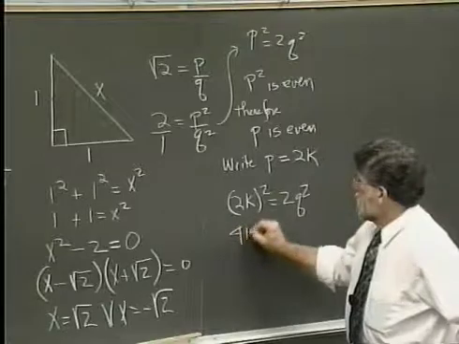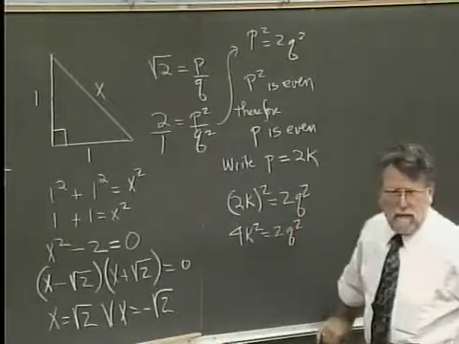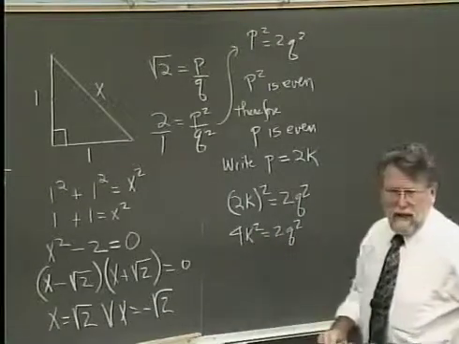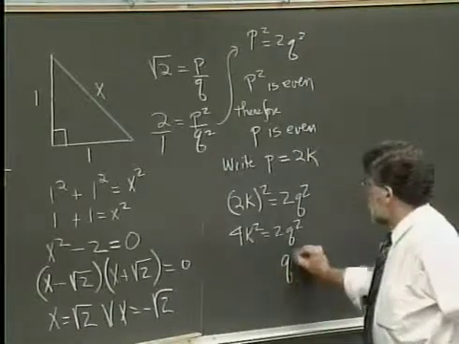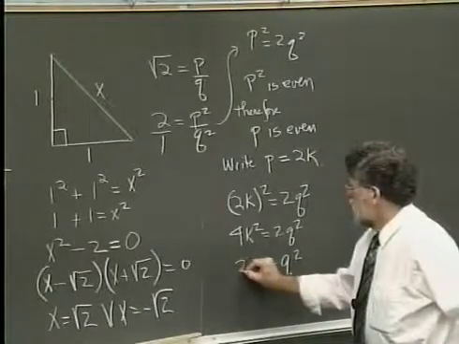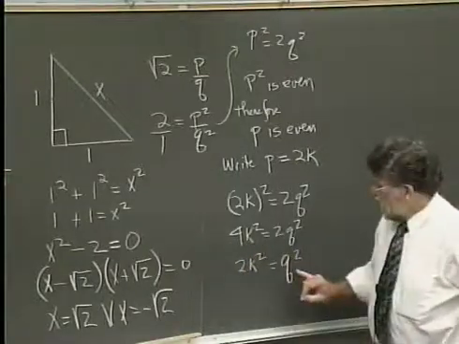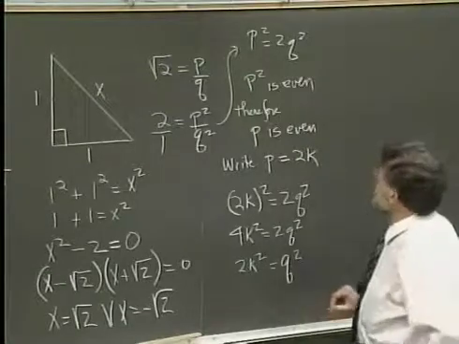That's 4k squared equals 2q squared. Let's divide both sides by 2. So that says q squared is equal to what? 2k squared. But that says q squared is even.